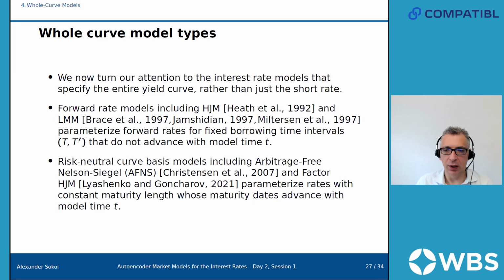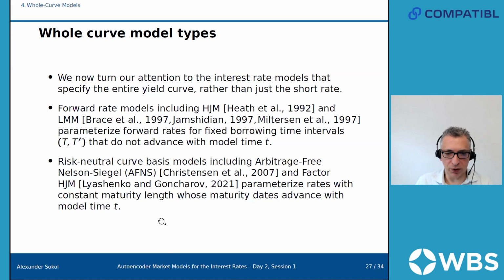I'll talk a little bit more about how this works in the second session, because these models are a lot more prominent in the real world measure. But especially the recent paper by Lachenko and Goncharov shows how to start from HJM and essentially derive arbitrage-free Nelson-Siegel and its extensions.